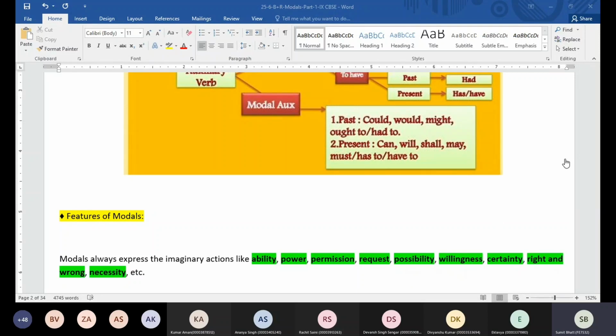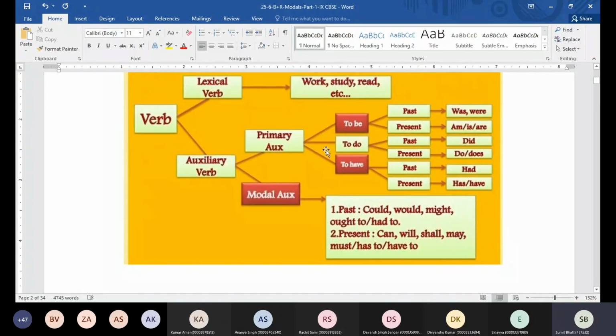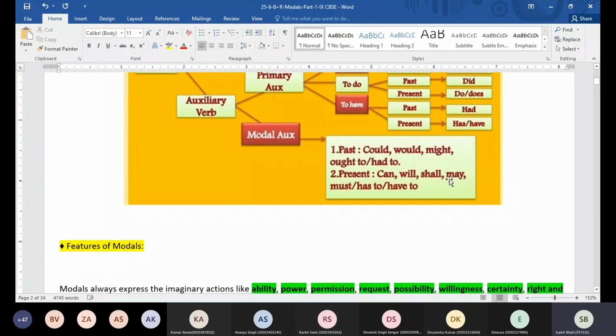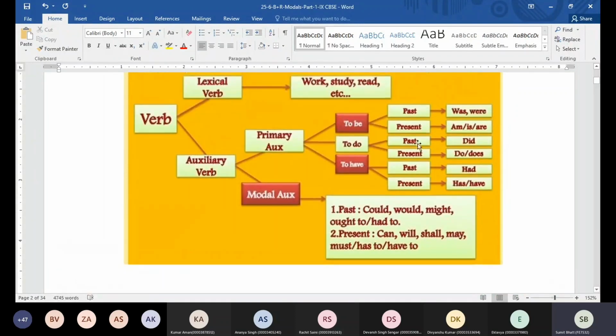So these kinds of things we can come to know using modal auxiliaries. But primary auxiliaries always require a main verb to make themselves meaningful. On their own, we can make a sentence only if we are just linking two things, but otherwise they always require a main verb to make a sentence meaningful.